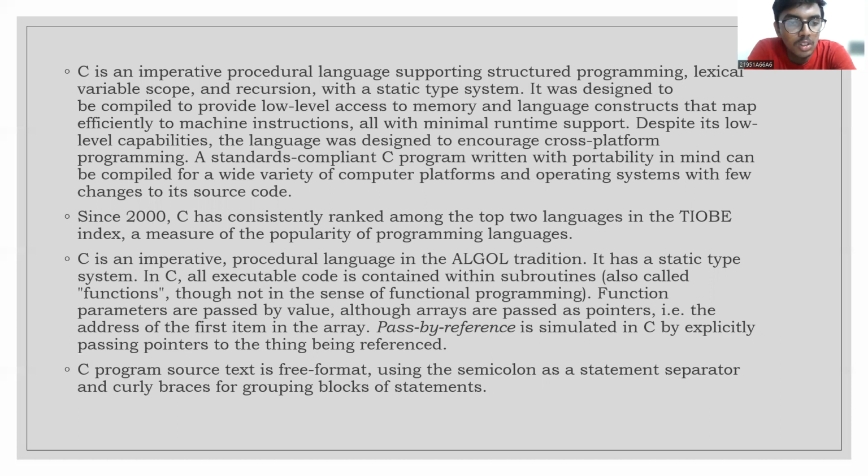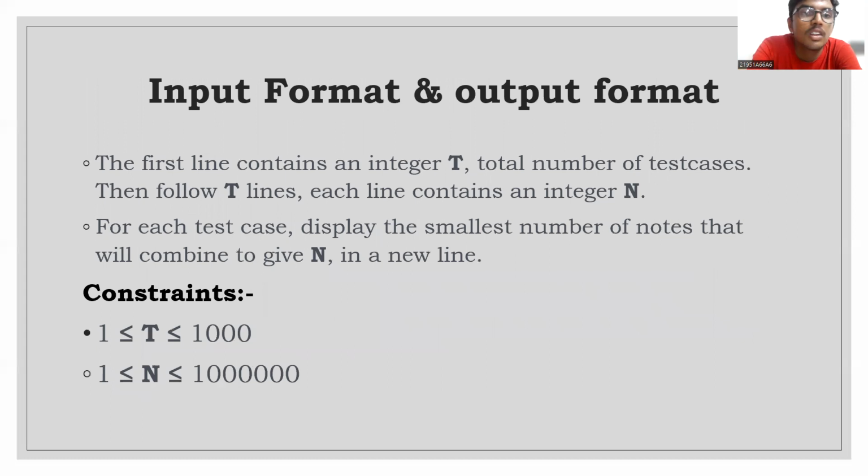C programming source text is free format, using the semicolon as a statement terminator and curly braces for grouping blocks of statements.